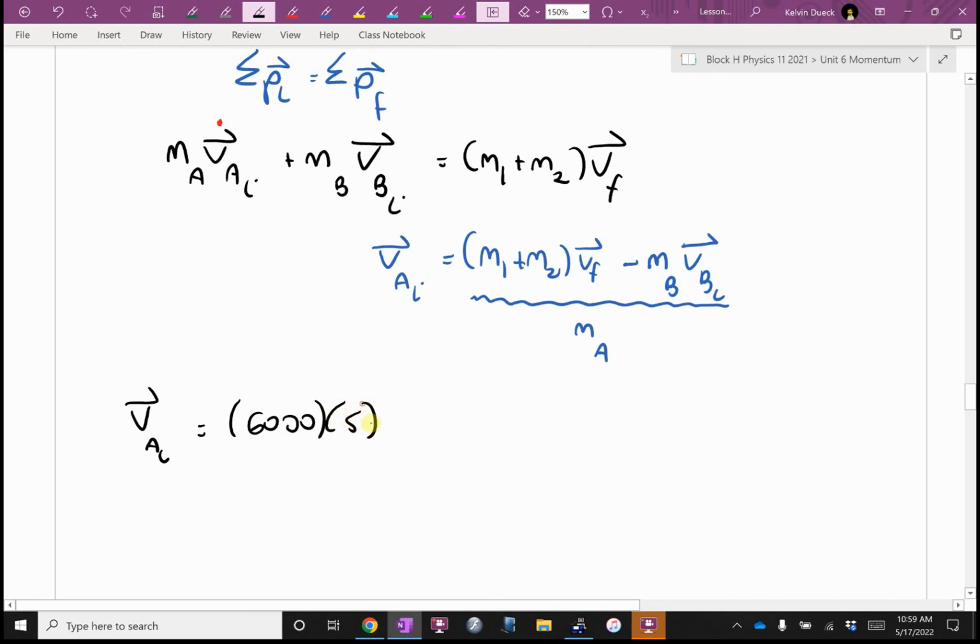Good habit to check your signs. And then minus, what was VB? Sorry, what was MB? I said VB. What was MB? 4,000? And what's VB? Negative 3? All over, and MA was 2,000.